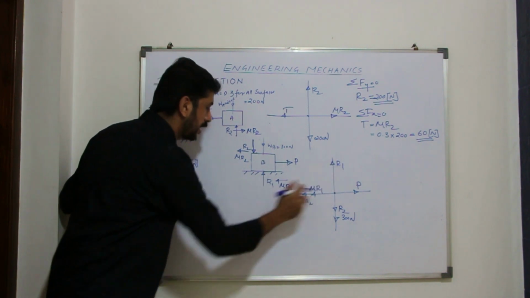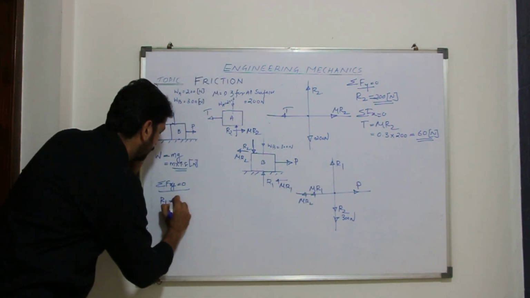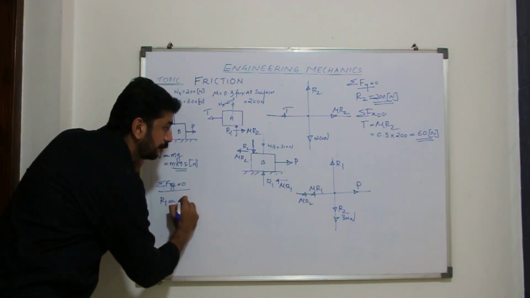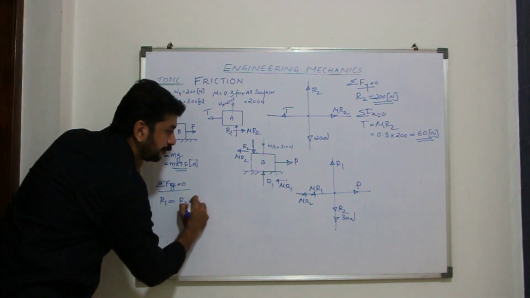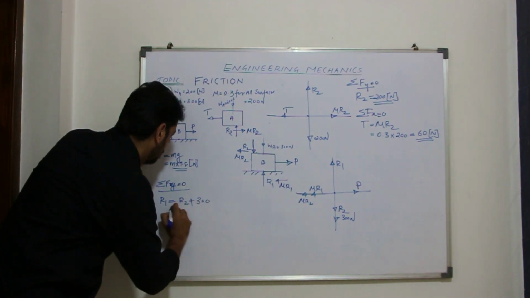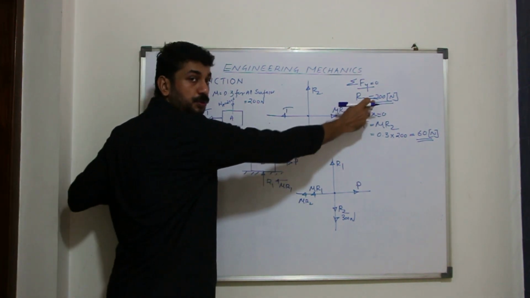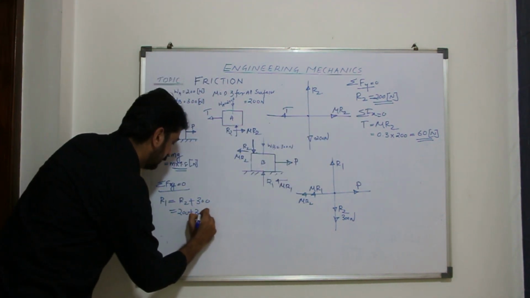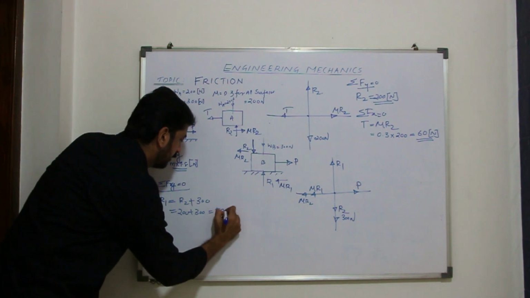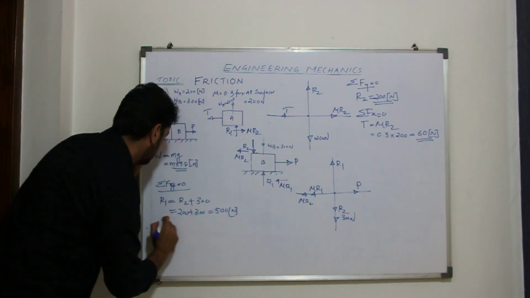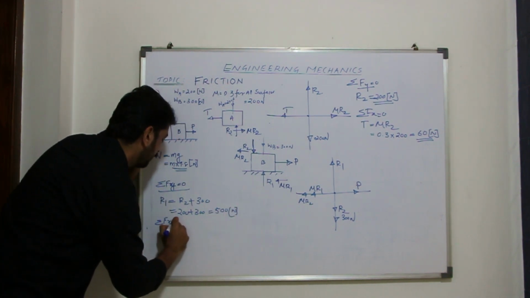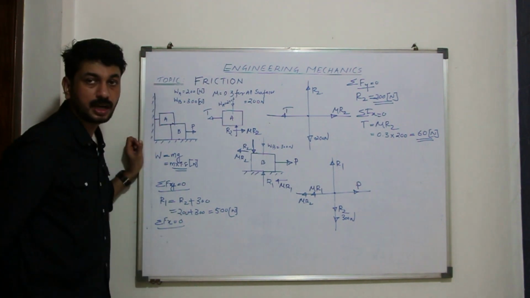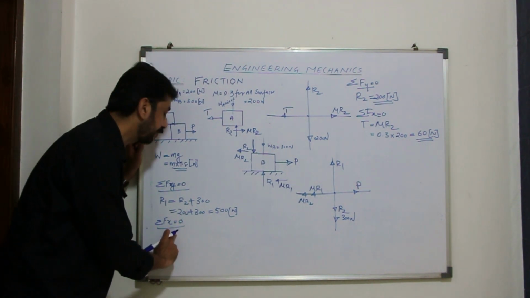That means R1 is equal to the total applied force, upward force will be equal to downward force. Substituting the value of R2, we get 500 Newton. In the case of x direction, applying the equilibrium condition, sigma Fx equal to 0.